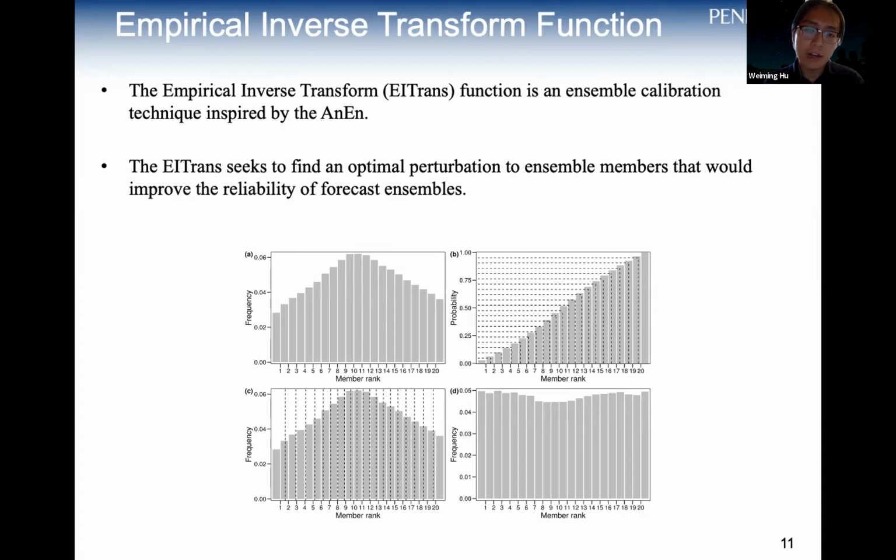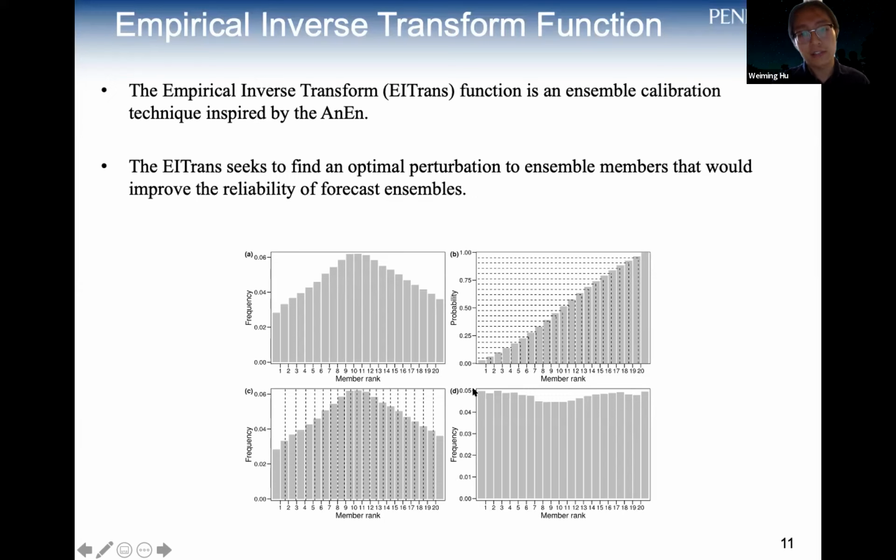But the problem right now is that the vertical dashed line does not overlap with your member rank. And that is expected, because if they overlap, so basically if you look at the first member rank is here and the first dashed line is here, if all the dashed lines overlap with the member rank, then it will generate a flat rank histogram.